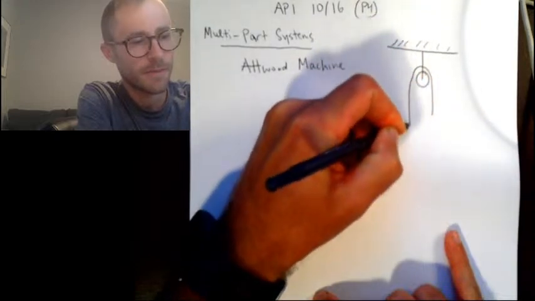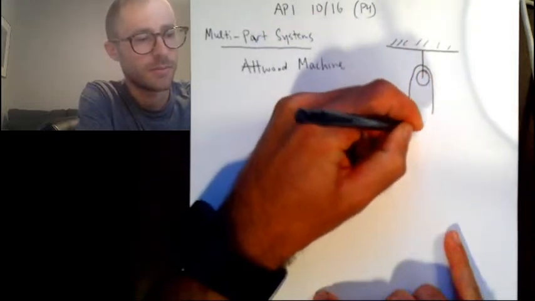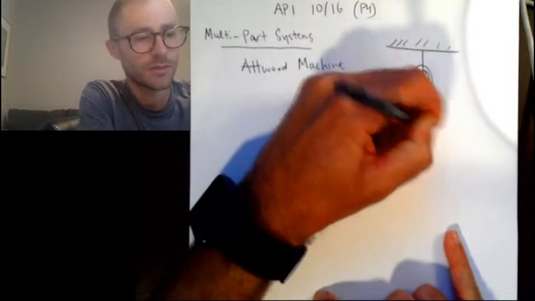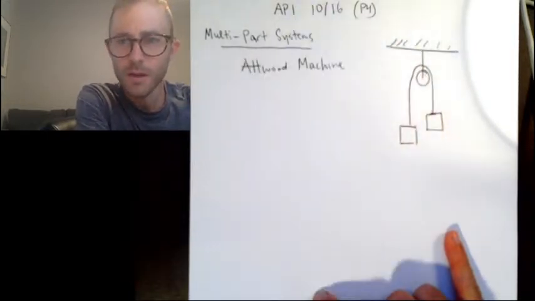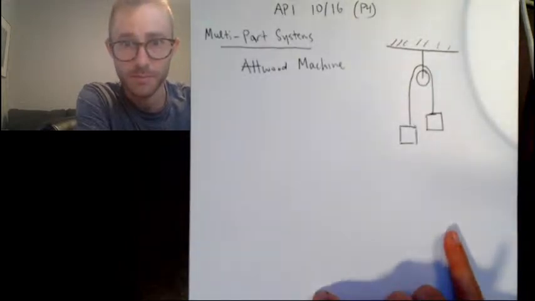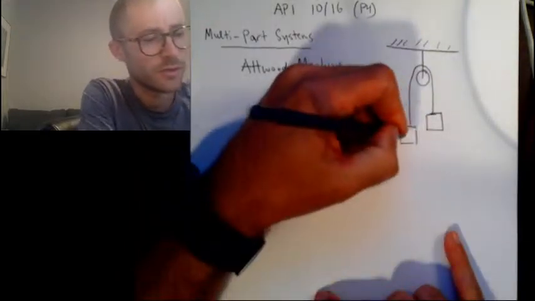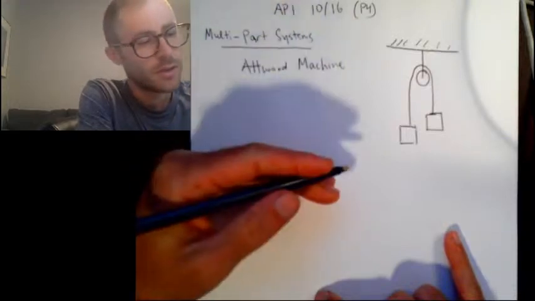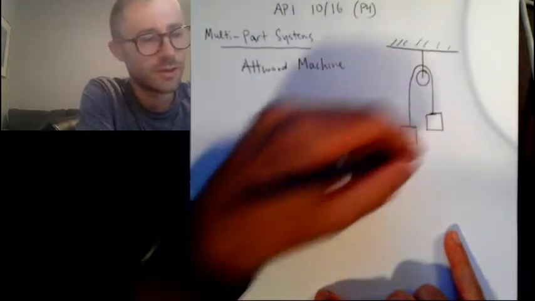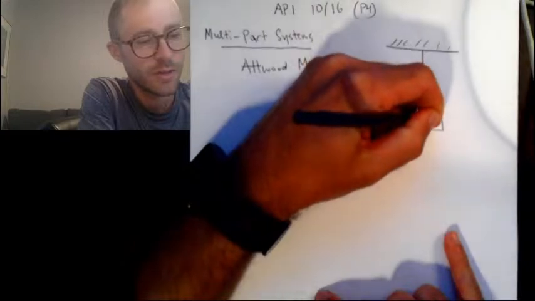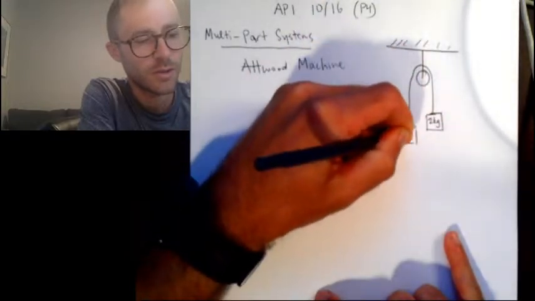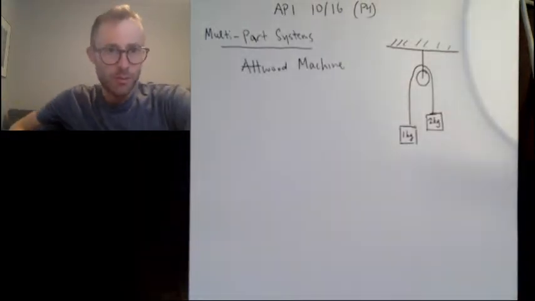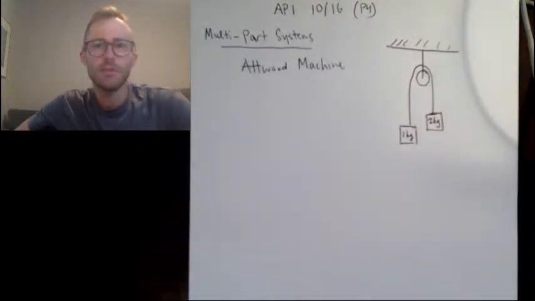Like that. And the Atwood machine has two masses on either end of that rope. Okay. And so just for this example, I'm just going to choose concrete numbers. So let's suppose that this is a 2 kilogram mass and this is a 1 kilogram mass. All right. So that's called an Atwood machine. The masses could be anything.